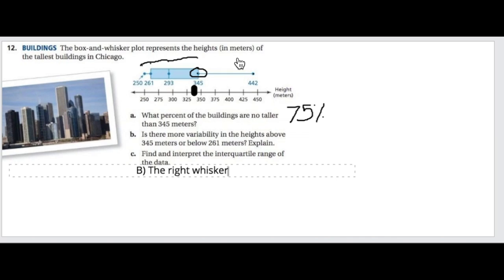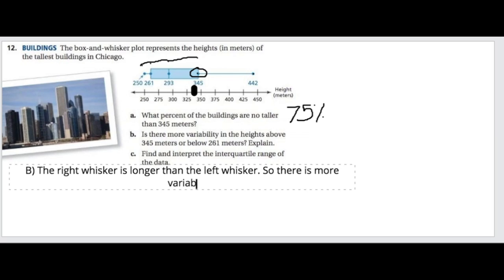So I could say the right whisker is longer than the left whisker, so there is more variability in the heights above 345.